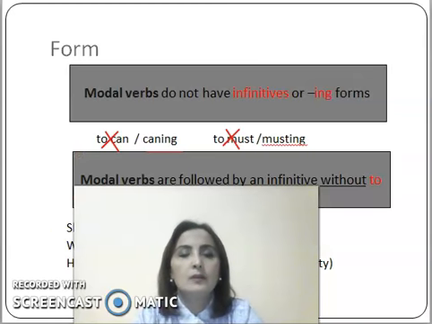And we will continue talking about the form. Modal verbs do not have infinitives or ing forms. For example, we never say to can or canning or to must or musting. So modal verbs are followed by an infinitive without the particle to, as I have just mentioned.